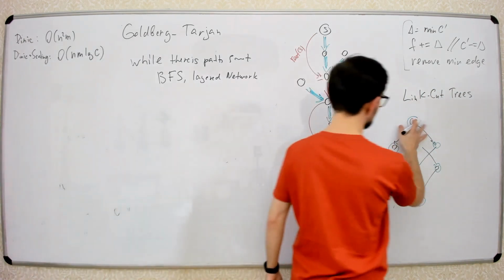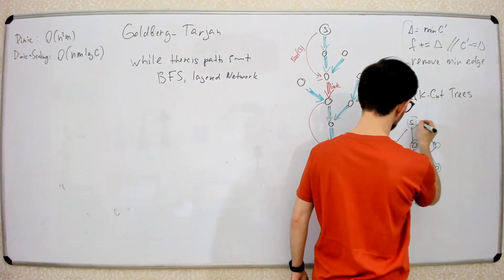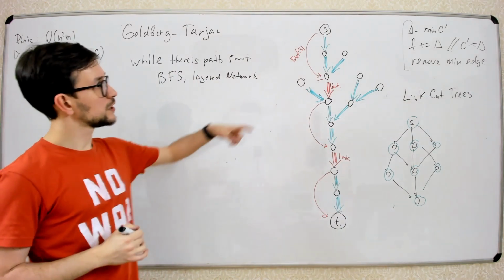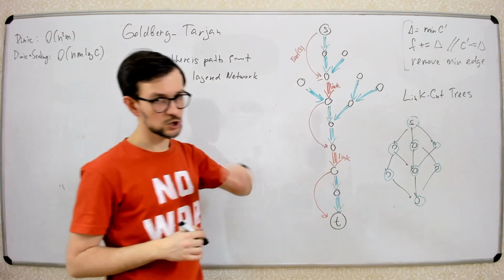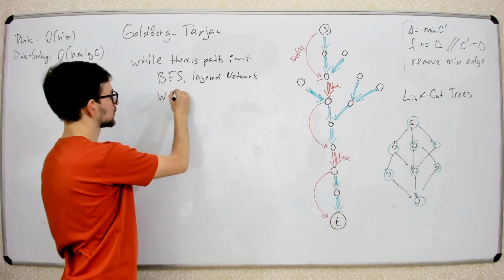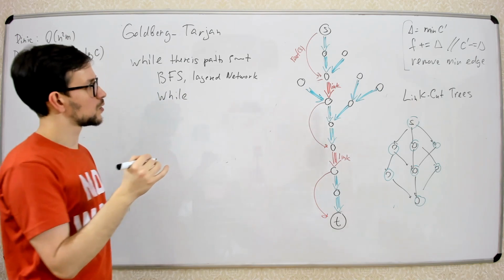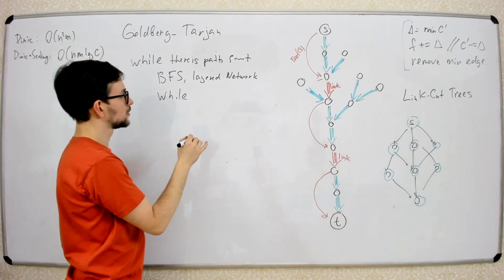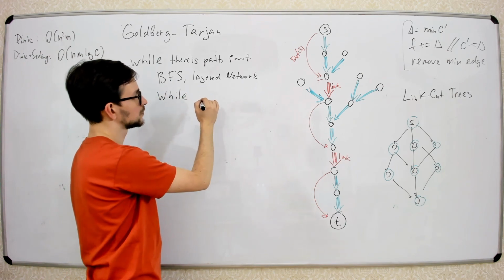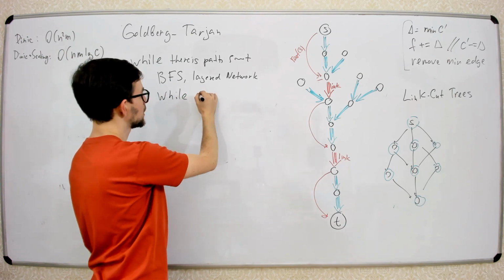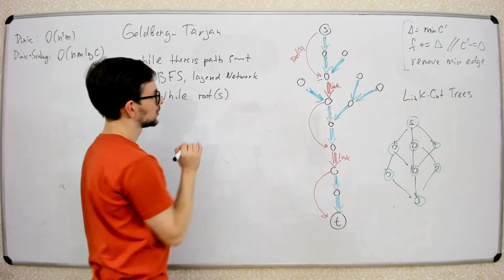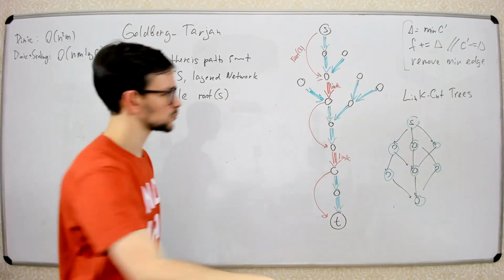Now you start from node S. Each time you try to find this short path. So while... let's say it like this. While root of S... No, we need to do it multiple times, right?